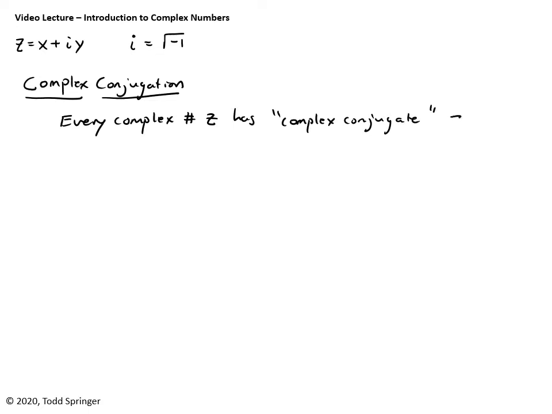And that is called Z star. So the star means complex conjugation. And to find it, you take Z and you change all i's into minus i's. So everywhere you find an i, you change it to minus i.